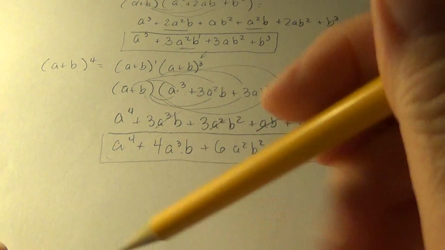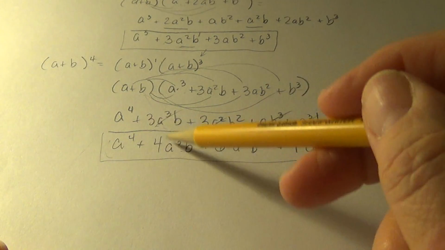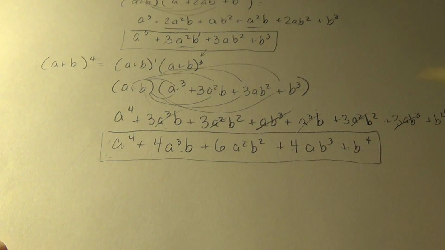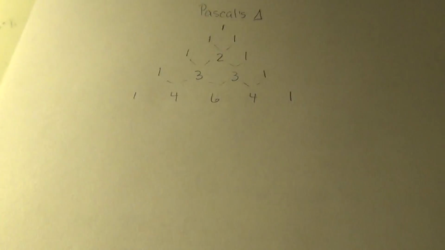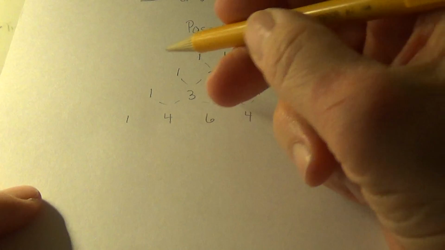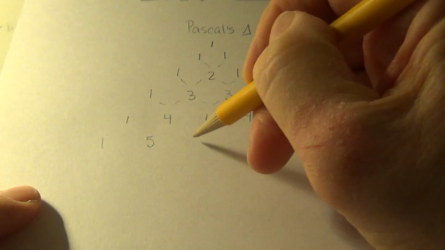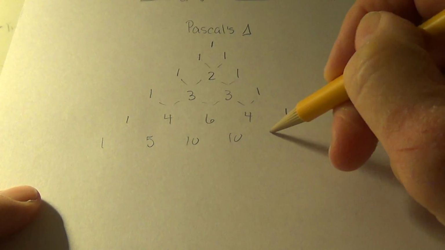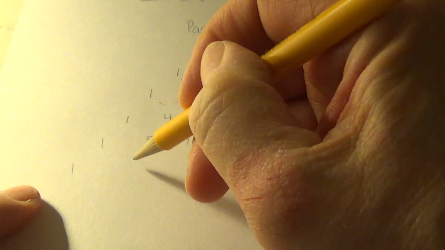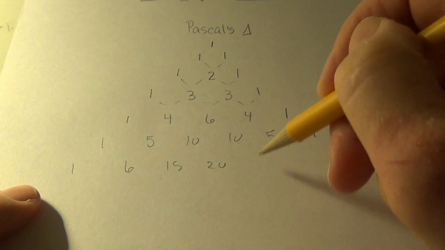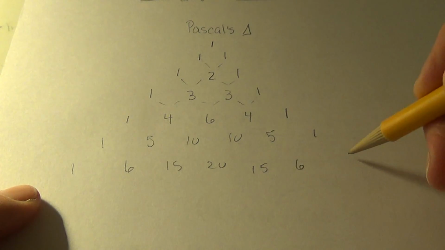The coefficient here is 1 unwritten, 4, 6, 4, unwritten, 1. So we're going to take this down another 2 rows. So we have 1, 5, 10, 10, 5, 1, and 1, 6, 15, 20, 15, 6, 1.